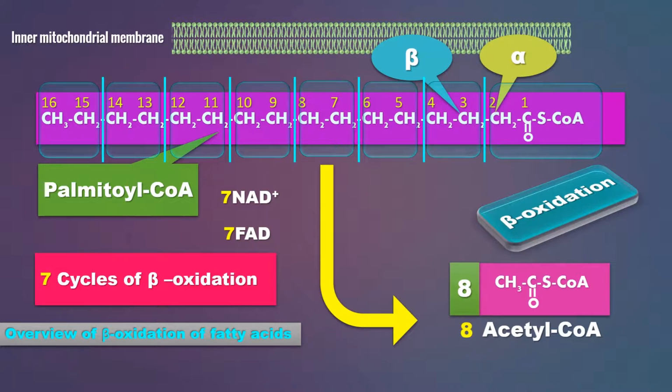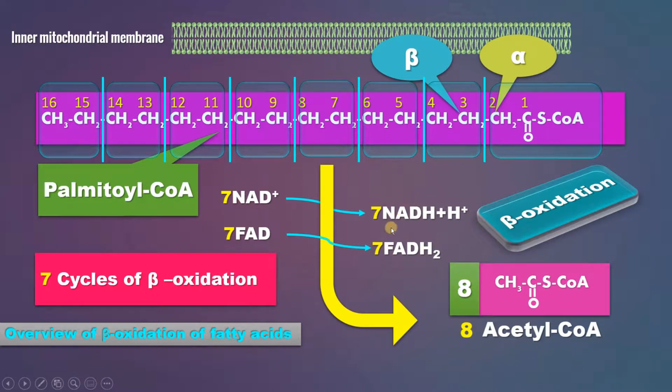In turn, they get reduced to reducing equivalents. You can see the 7 NAD in 7 cycles undergo reduction to give reducing equivalents, 7 NADH plus H plus. Similarly, 7 FAD in 7 cycles undergo reduction to give 7 FADH2.